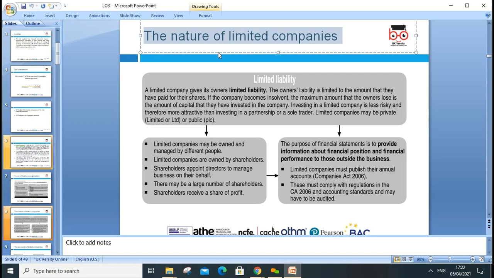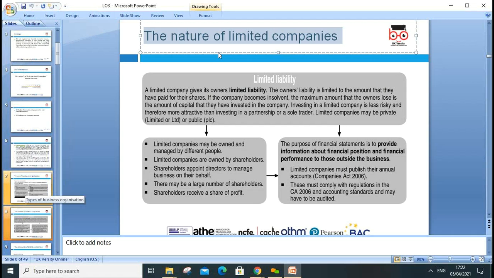So in case somebody can't pay back their loan, in the case of liquidation, we always have limited liability, so the bank can't claim against the personal assets. That's why it's called limited liability.